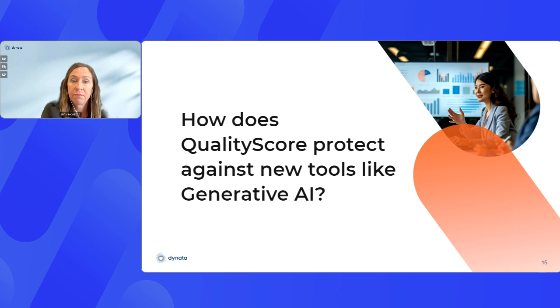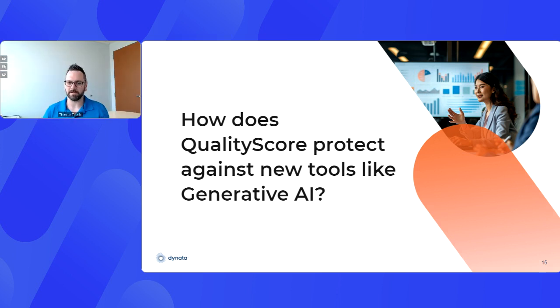Well, it's a fantastic question, because we all know that Gen AI is a growing problem, and that technology is just going to continue developing and gaining more users. Thankfully, though, QualityScore is able to stay one step ahead of it. I mentioned before that there are many analyzers that are going into the algorithm of QualityScore. And those analyzers give us a chance to not only look at the content that was entered, what was typed into that open end, but also the path of how it was brought into that open end in the first place.